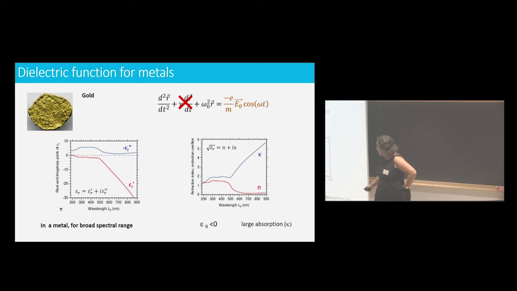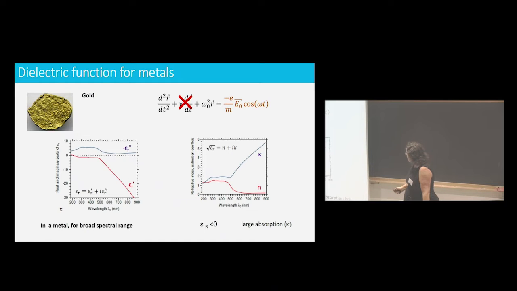You can see that for one range, epsilon r is negative. And you can see that k, the extinction coefficient, can be quite large. That means that in the range in which we are going to work, you may have many losses by propagation inside the metal.